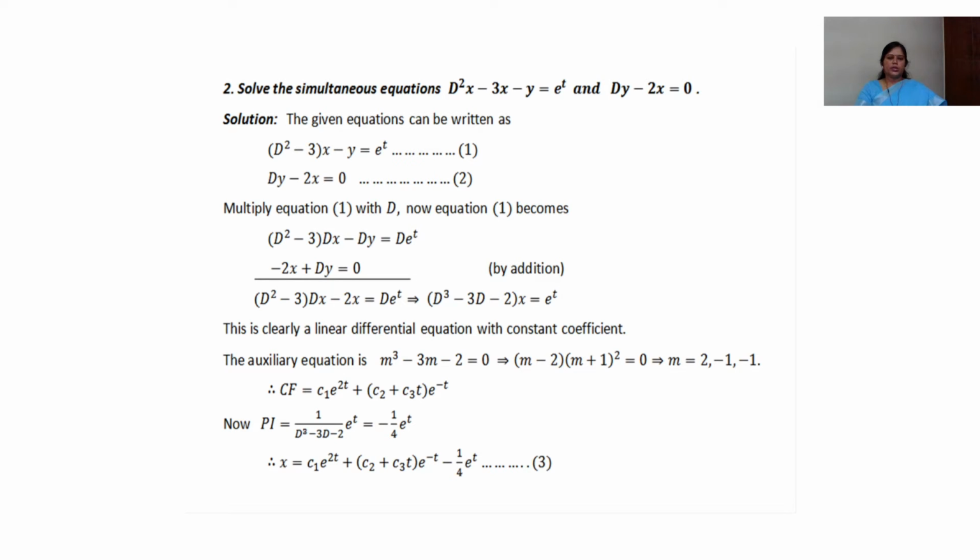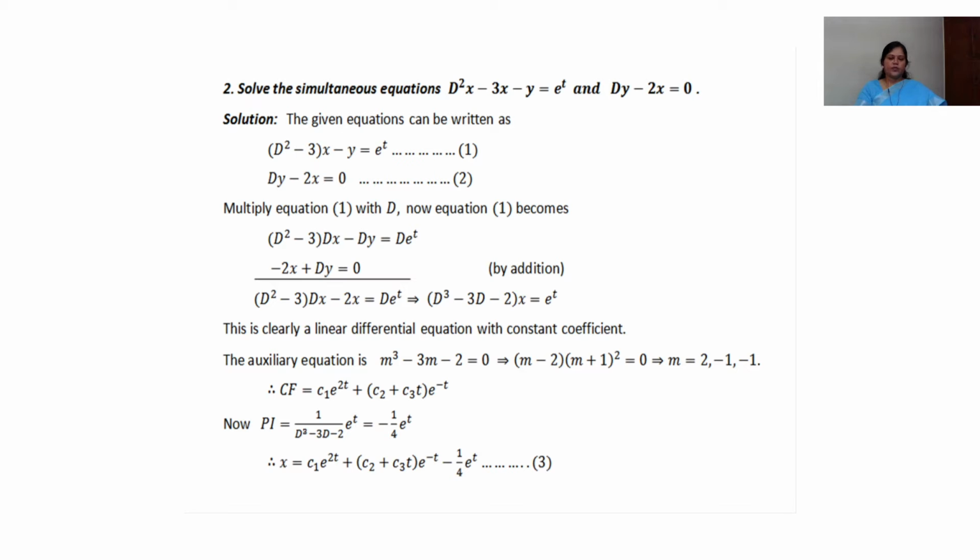So now, multiply equation 1 with D. Now the equation becomes (D squared minus 3) into Dx minus Dy is equal to D into e to the power t. See here, the right side value e to the power t also has to be multiplied with D. So now equation 1 becomes like this. Then the second equation is minus 2x plus Dy is equal to 0.